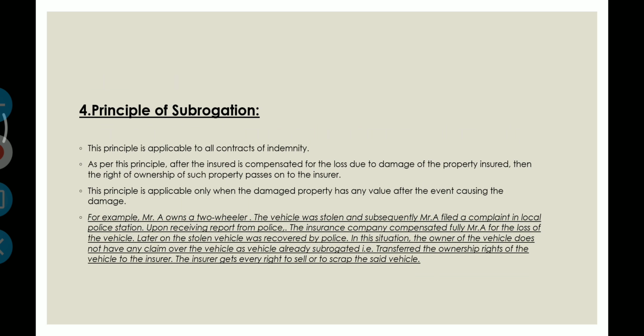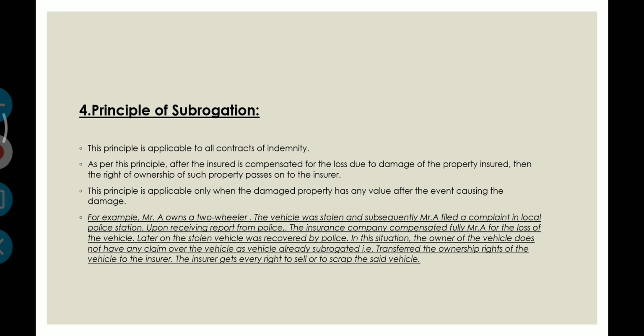Now it is up to the insurance company whether they want to sell it as scrap or crush it. Whatever money is recovered from the scrap of the car will be taken by the insurance company. Again I would like to mention that you cannot make a profit out of insurance.